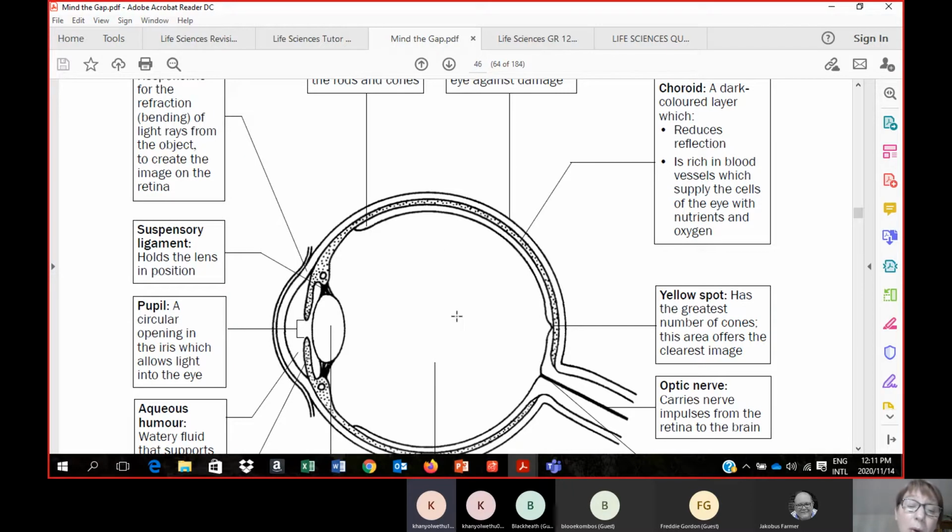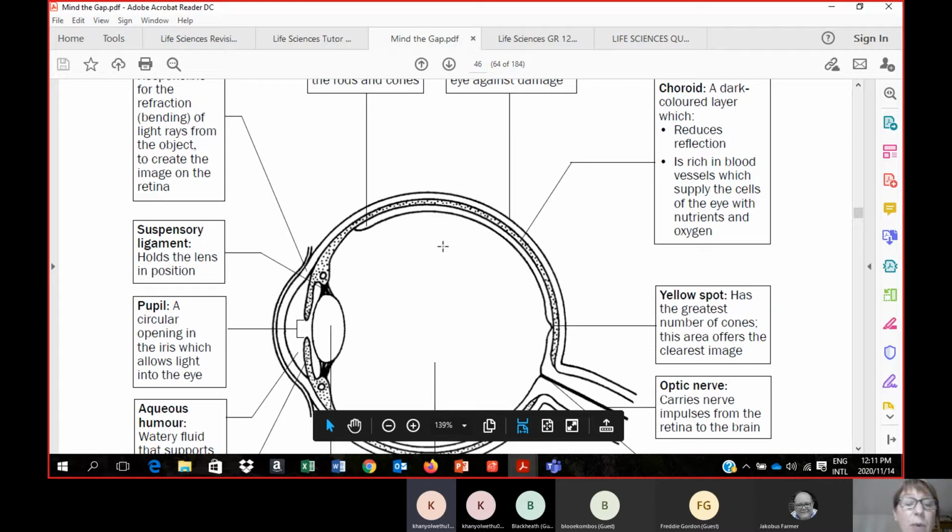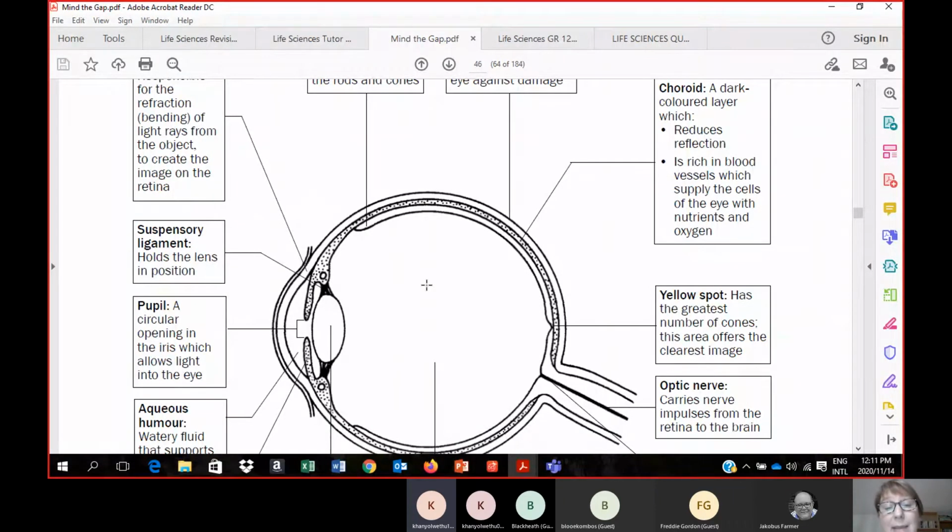And then this whole area is filled with a jelly-like material, which is called the vitreous humor. And also, when I do that dissection with my matrics, once that jelly-like material, which is completely clear, comes out of the eye, the whole eye sort of collapses. So it really, as I said, helps with providing shape to the eyeball.